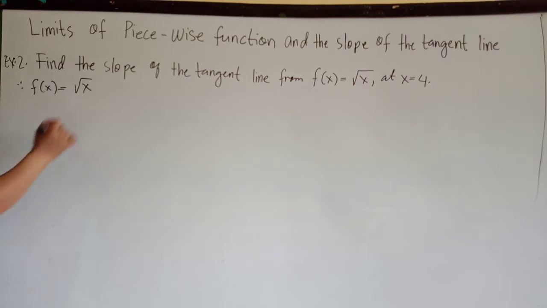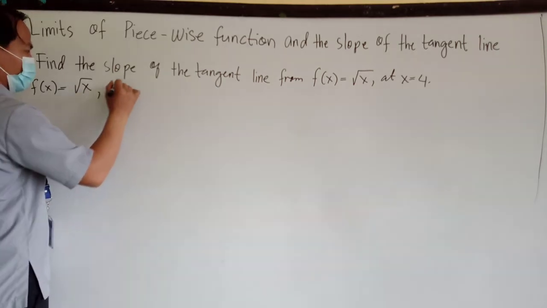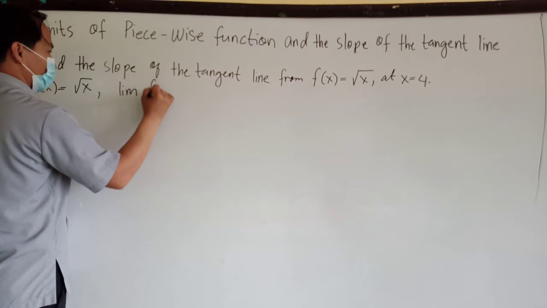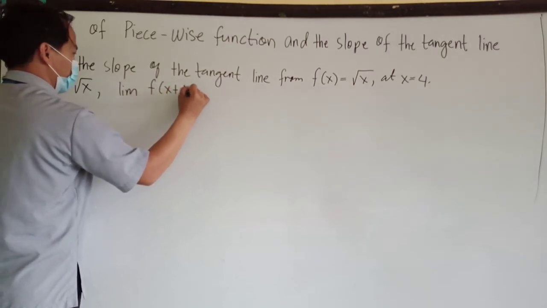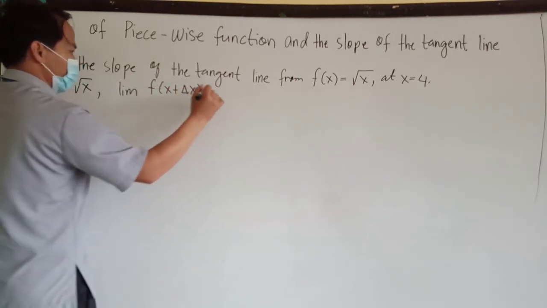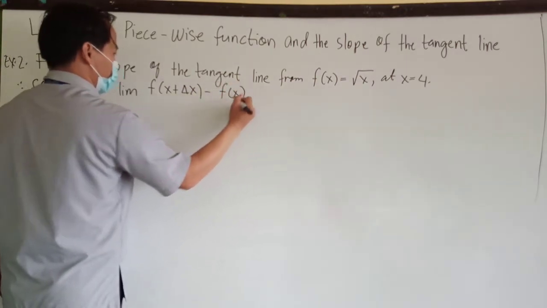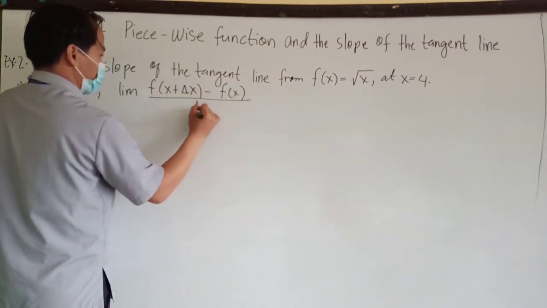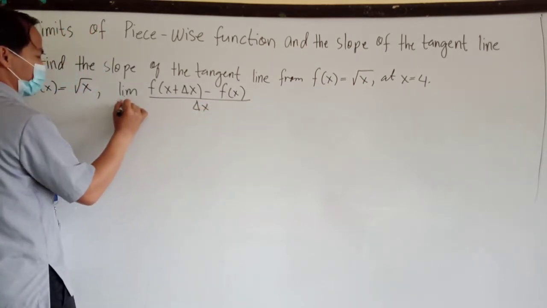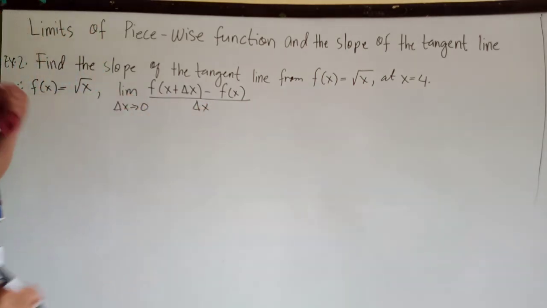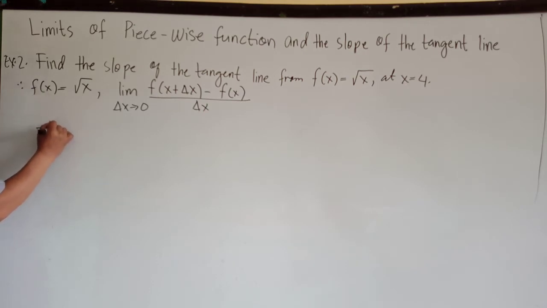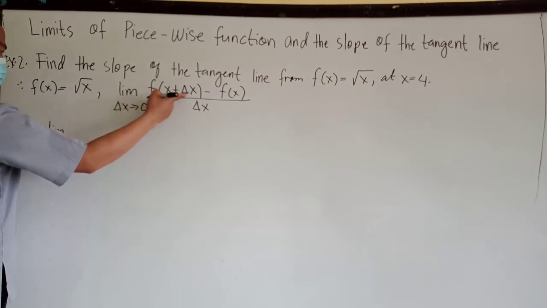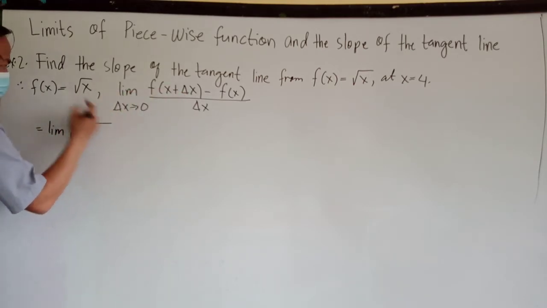First, we get the derivative using the limit definition: the limit of f of x plus delta x minus f of x over delta x as delta x approaches 0.